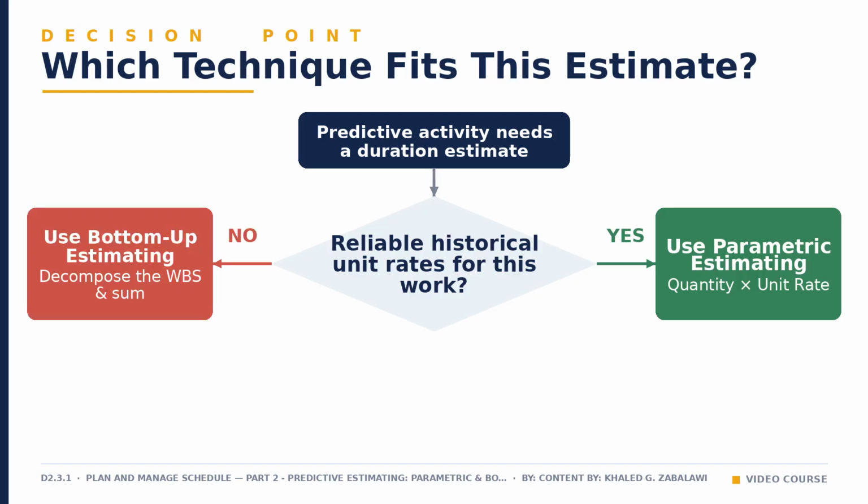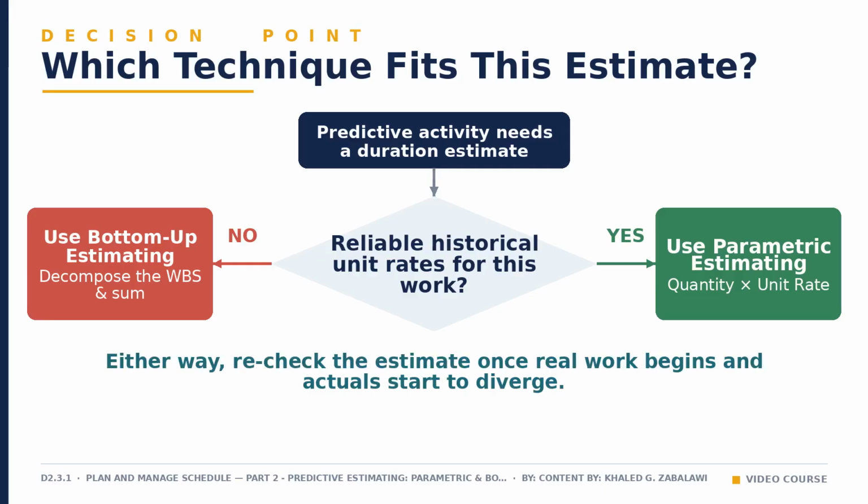If the answer is no, or the activity is unusually risky or unfamiliar, use bottom-up estimating instead. Decompose it into its smallest components and sum the individual estimates. Whichever path you take, treat the result as a starting point. Recheck it once real work begins, since actuals often reveal that the rate or the decomposition needs adjusting.